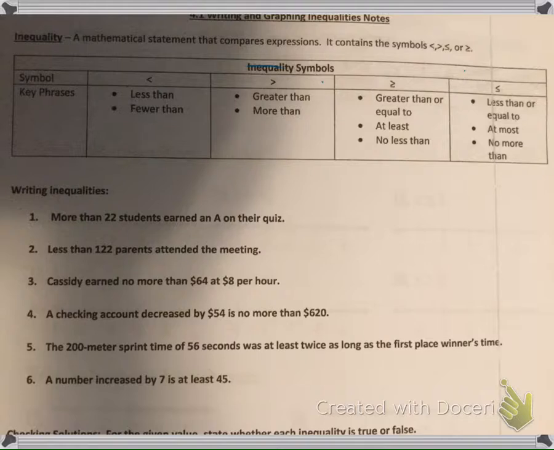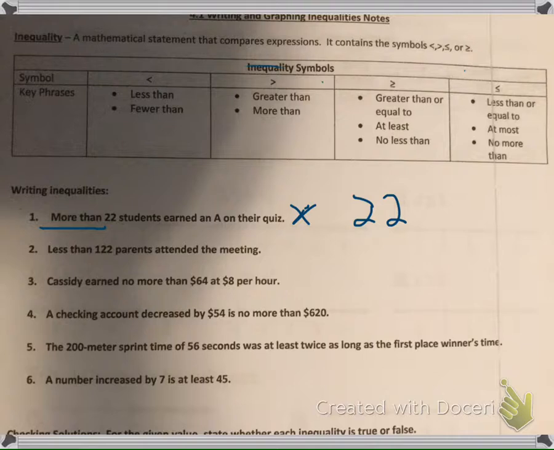Some of them are very easy, some of them are a little bit tricky. So the first one says, more than 22 students earned an A on their quiz. I'm going to have a variable, which in this case I like to use an X, and we have the number 22. So the key word here is more than.